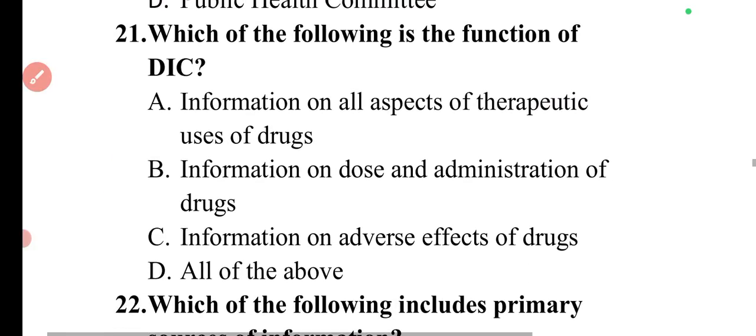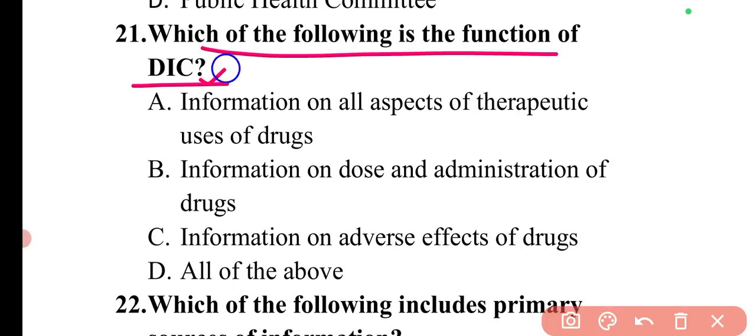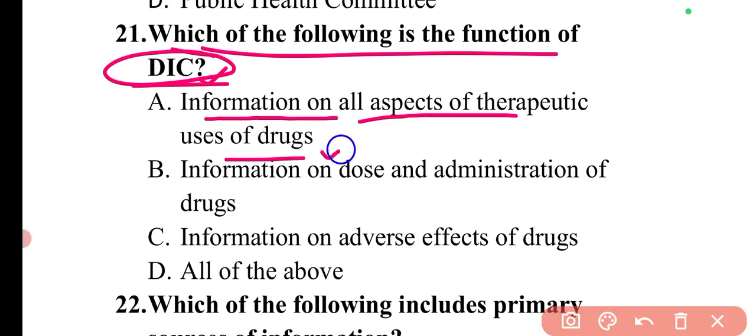Next question is, which of the following is the function of DIC? DIC is the Drug Information Center, and what are its functions? The function of DIC is to provide information on all aspects of therapeutic use of drugs, such as dose and administration. Basically, each and every piece of information on the drug should be with the drug information center, and if any information is asked, they should be able to provide it.